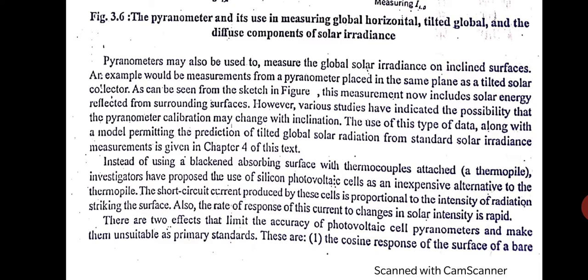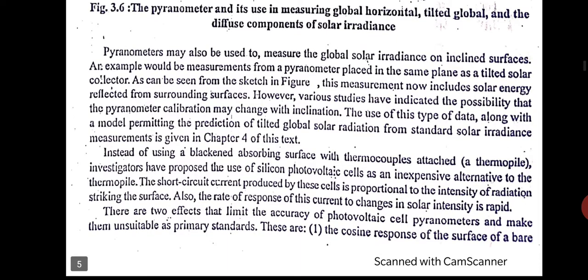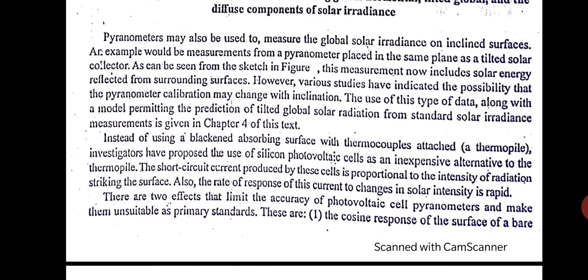The short circuit current produced by these photovoltaic cells is proportional to the intensity of radiation striking the surface. Also, the rate of response of this current to changes in the solar intensity is rapid. Solar photovoltaic cells have a real-time response, so immediately they will respond.